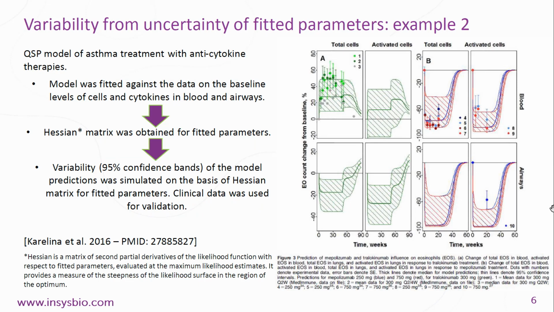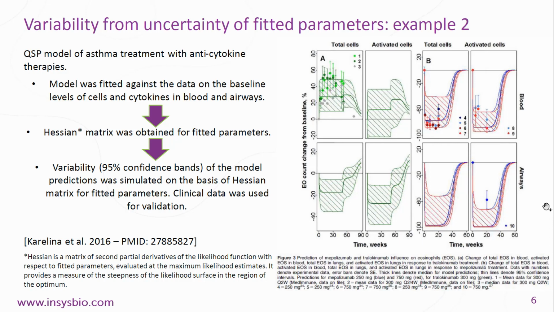Another example is the QSP model of asthma treatment with anti-cytokine therapies, which was published by my colleague from Institute, Tatiana Karelin, and co-authors. This model was fitted against the data on the baseline levels of cells and cytokines in blood and airways.